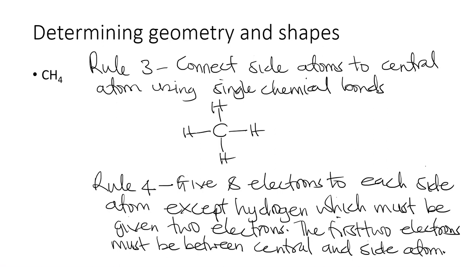It fulfills its octet using 2 electrons. That's why you give 2 electrons to hydrogen. But even if you are giving 8 electrons to the side atom, the first 2 electrons should be between the central atom and the side atom, because those first 2 electrons are the ones that are forming the chemical bond.